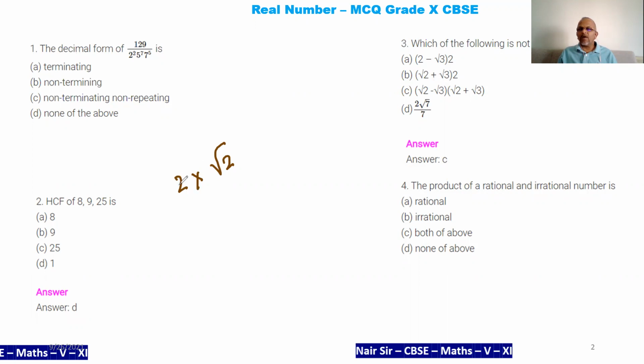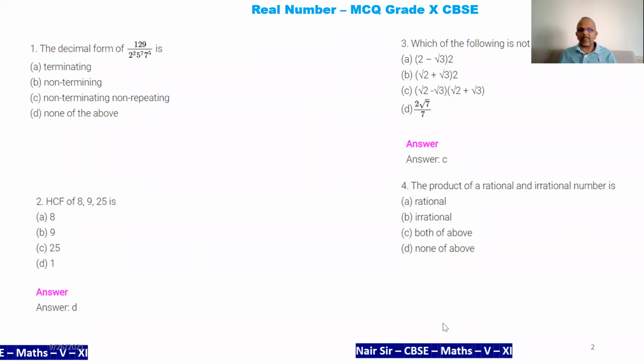Why do I call 2 a rational number? Because I can write this as 2 upon 1, that is P upon Q form. Any number that can be written in the form of P upon Q is called a rational number. So this will become 2 root 2. So what is this coming to? This is coming as an irrational number. Okay, so that clears my question.